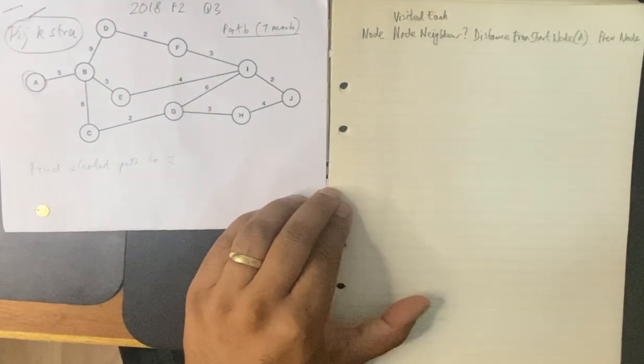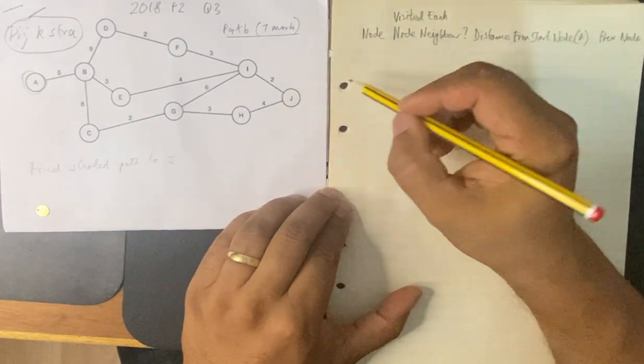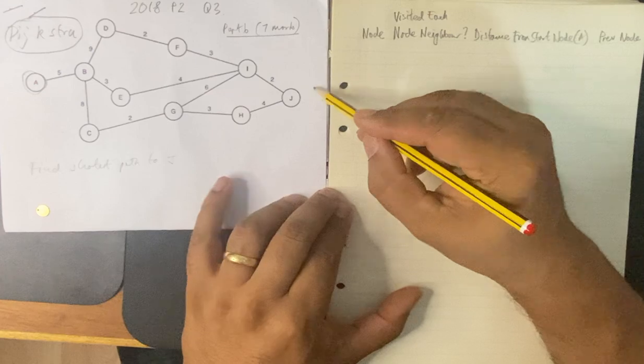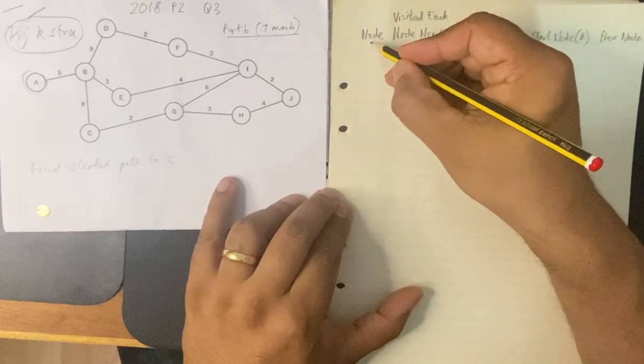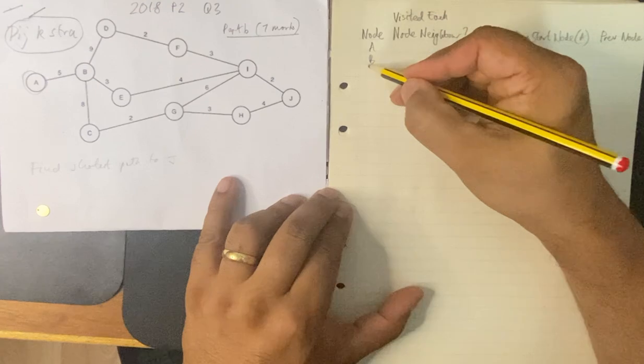Right. Now the first thing we want to do is fill in the nodes that we have in the graph. And so we go from A to J. So let's put them in.